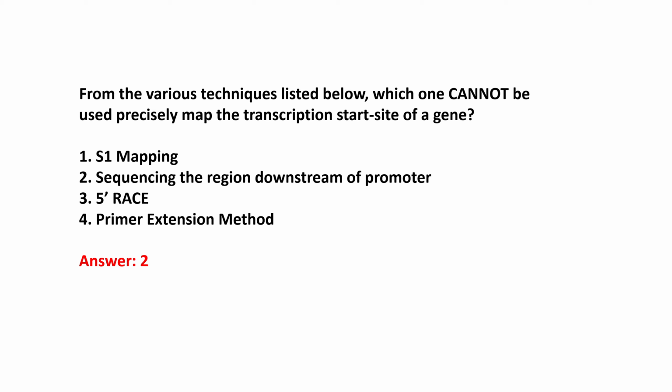So here the right answer will be sequencing the region downstream of the promoter. That cannot be used to precisely map the transcription start site of a gene, because the transcription start site could be upstream.